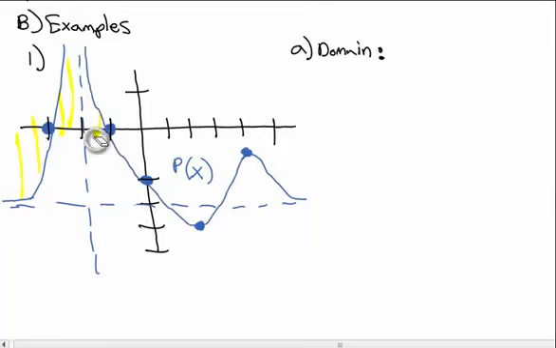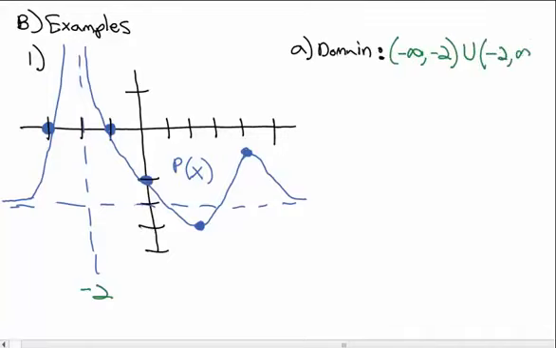The only thing missing will be that vertical asymptote at -2, because the graph never equals -2. So we'll say from -infinity to -2, then we have a union. We have to jump over the gap at -2, and then we will go from -2 to infinity.